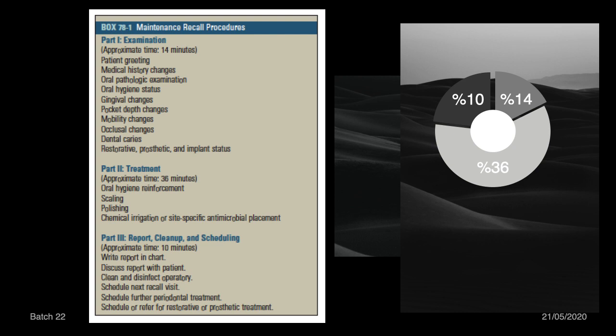Finally, the cleanup and scheduling of the appointment accounts for the final 10 minutes, where you write the report, discuss the report with the patient, and schedule the next recall visit or any further treatment required, for example surgical therapy, restorative therapy, or prosthetic therapy, whatever is required in the next appointment, right?